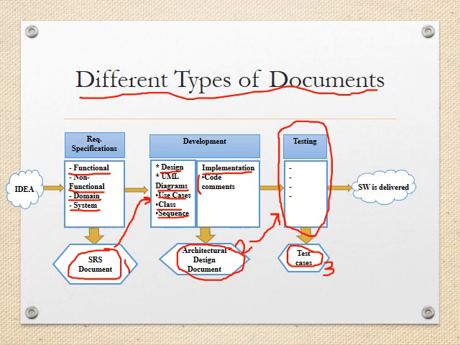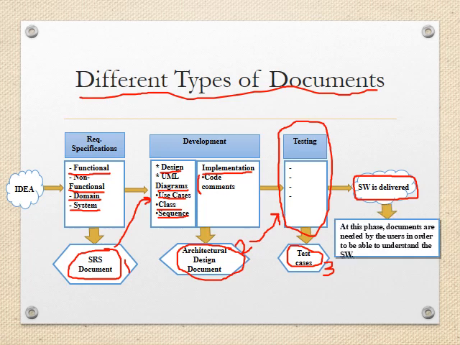Now we move to the real world, and the software will be delivered to the user. At this time of the development, we will try to create some kind of document that's needed by the customer. At this phase, documents are needed by the users in order to be able to understand the software.